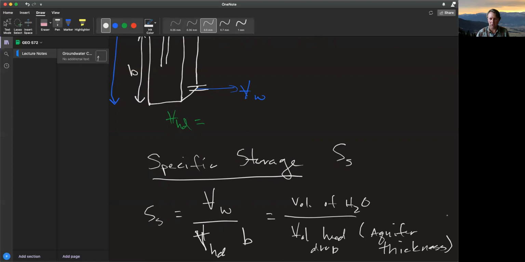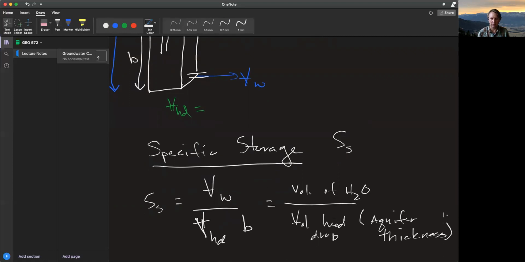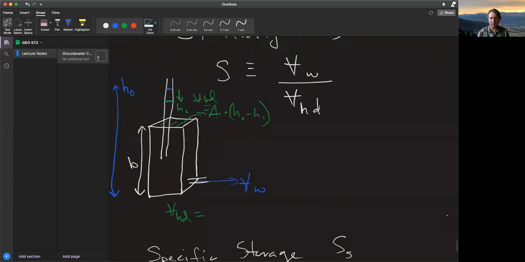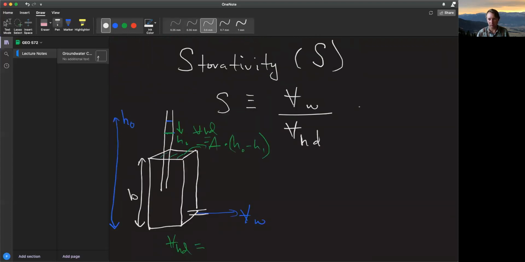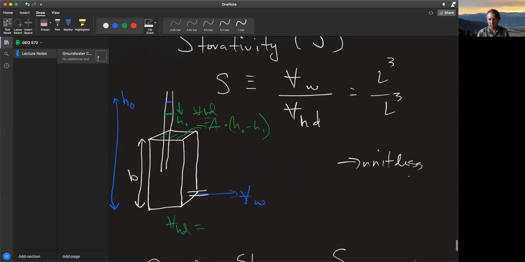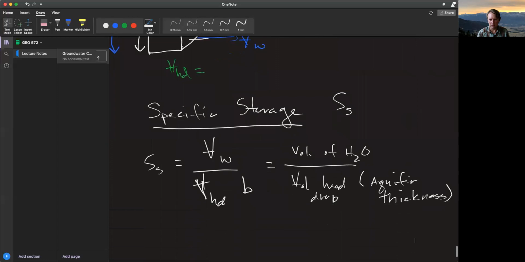All right, let's think about units here for both of these. Storativity is a volume over a volume. So this is length cubed over length cubed. All right, so this is unitless. All right, this one, specific storage, these two cancel out, and so specific storage has units of 1 over meter.